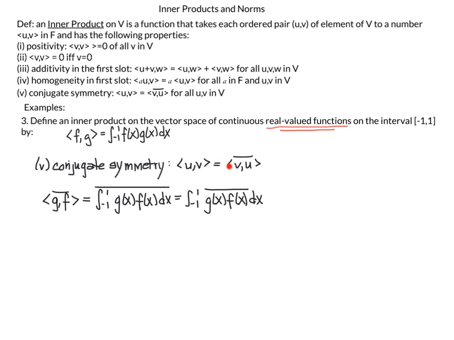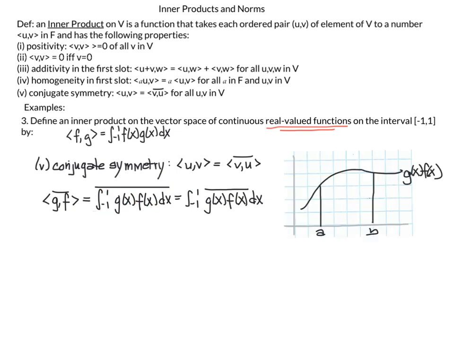But I started with the right-hand side. I wanted to look at the complex conjugate of the inner product of v and u. So I'm going to look at the complex conjugate of the inner product of g and f, which is the complex conjugate of the integral from -1 to 1 of g of x f of x dx.